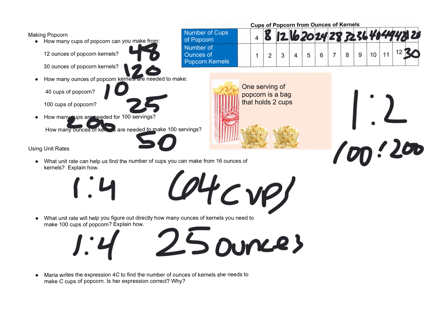Her expression implies that the number of kernels needed in ounces would be larger than the amount of popcorn made. If she said 1/4 C, then that would work. But 4C would not work in this scenario, as we noted by the 1/4 ratio, or the unit rate.